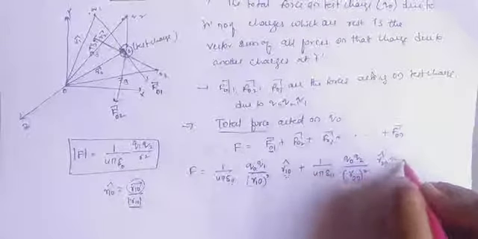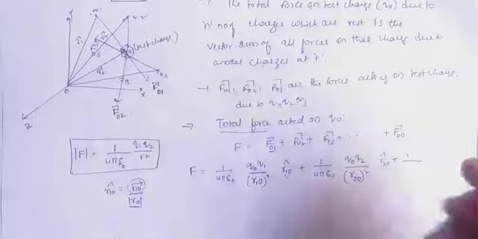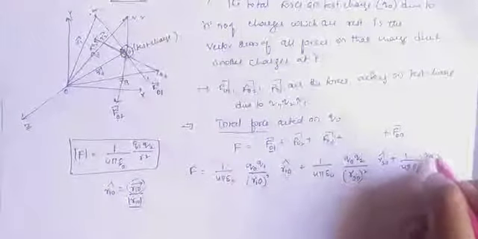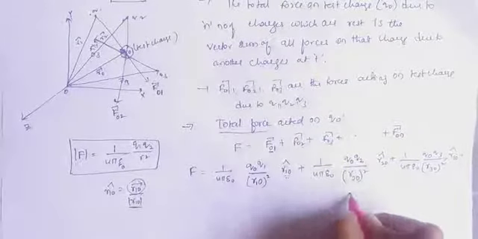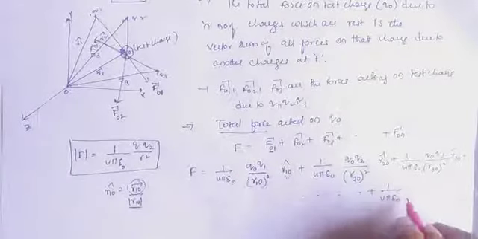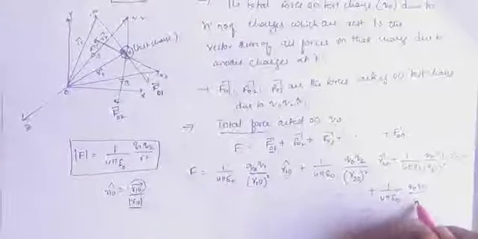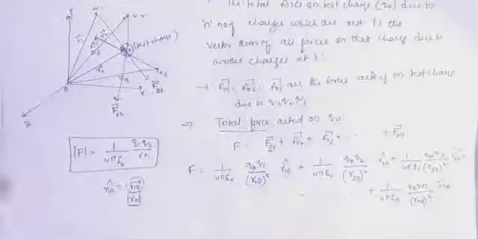Plus again 1 by 4 pi epsilon naught, q naught and q3 by r30 whole square and r30 cap, plus and so on. If we take n charges, it is 1 by 4 pi epsilon naught, q naught and qn by rn0 whole square and rn0 cap.